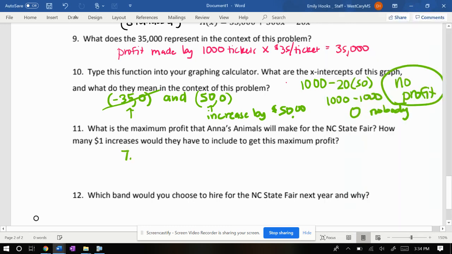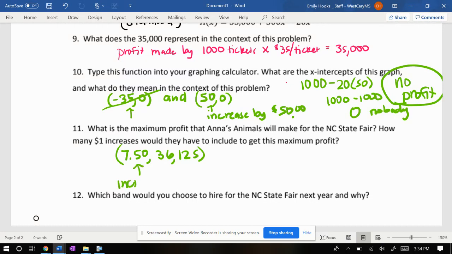So if they increase by $7.50 per ticket, then their max profit is going to be $36,125.